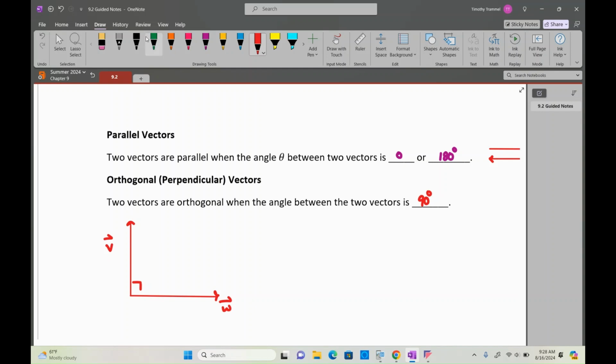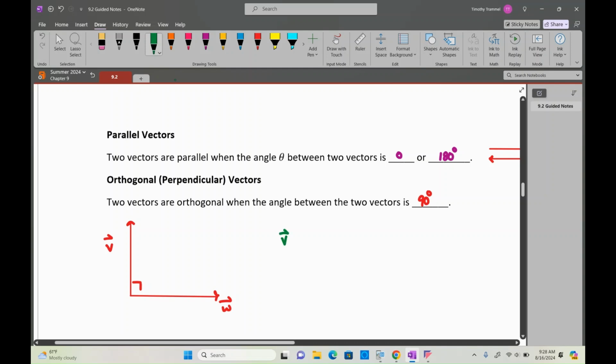Let's think about our dot product formula. So remember, v dot w could also be computed with the magnitude of v times the magnitude of w, and then cosine of the angle in between them.